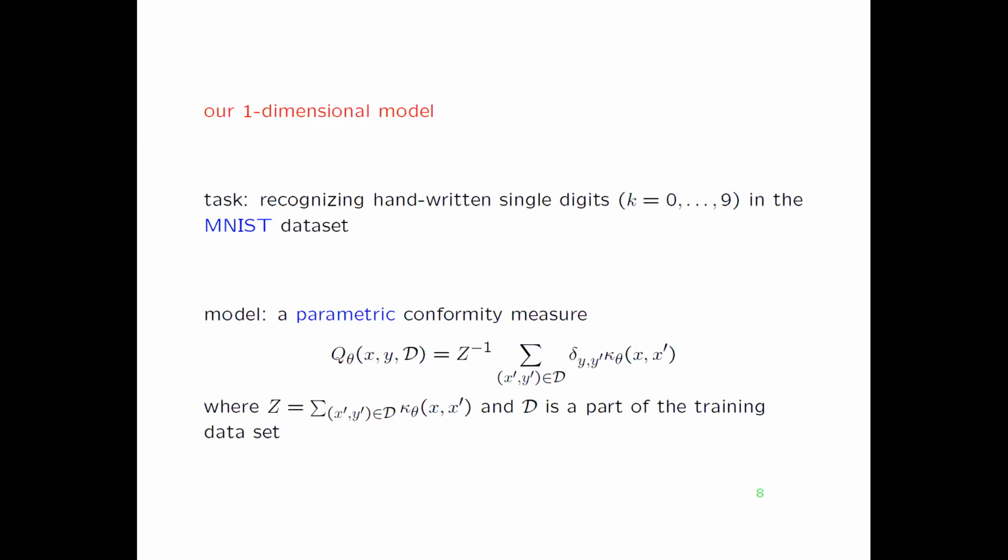So for example, if we pick a test object that is in the middle of all these zeros, then this kernel similarity will be very high because all the other zeros are pretty close to it. But I will suggest you go to the paper for more details and think more about this formula. In general, we are measuring how close one example is to the other examples with the same label.